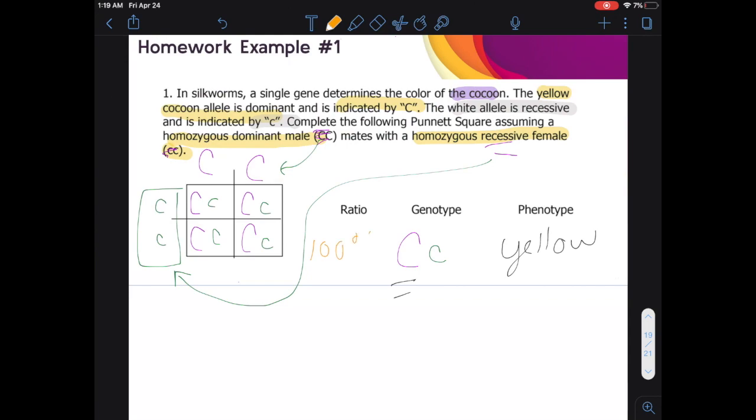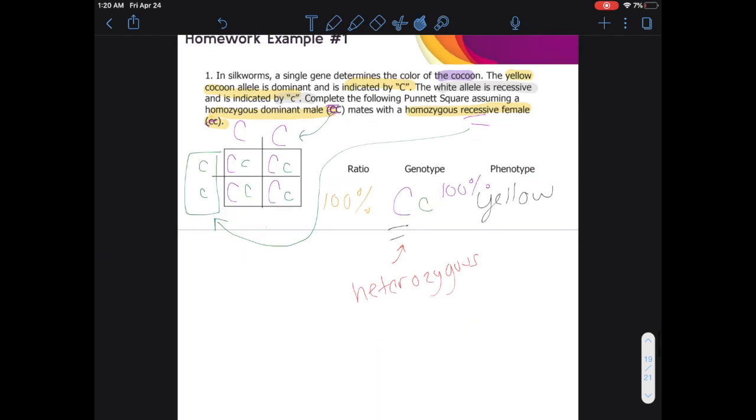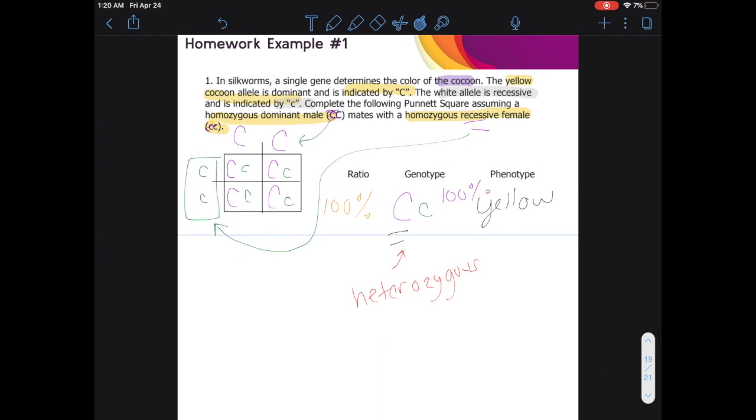They will be 100% big C, little c, which is in genetics terms heterozygous, and the phenotype would be 100% yellow. Okay, so work your way through the problems. Let me know if you have any questions. I want to dedicate today to review. Okay, so practice perfecting these skills before we move on.